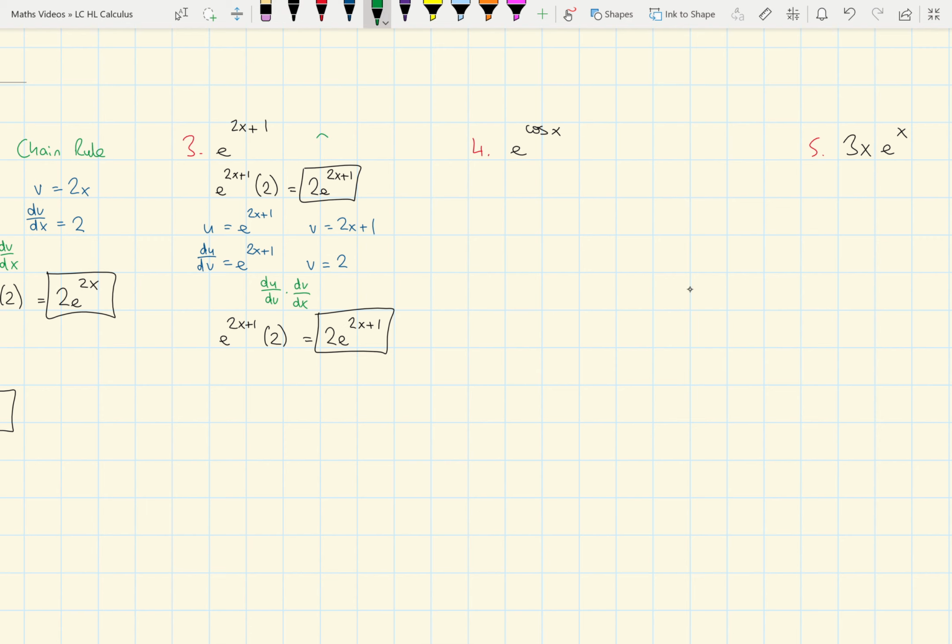Question 4 now, we see we have a trig function, so we'll have chain rule here. So u is equal to e to the power of v, where v is equal to cos x. So du/dv stays as is, and dv/dx will give me minus sine x.